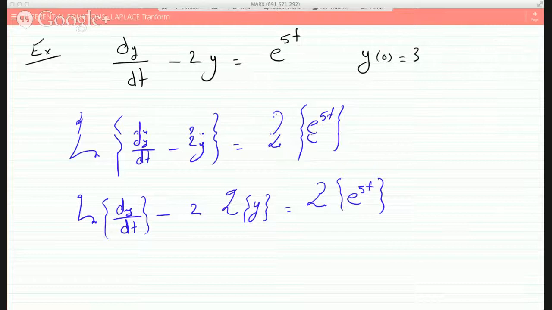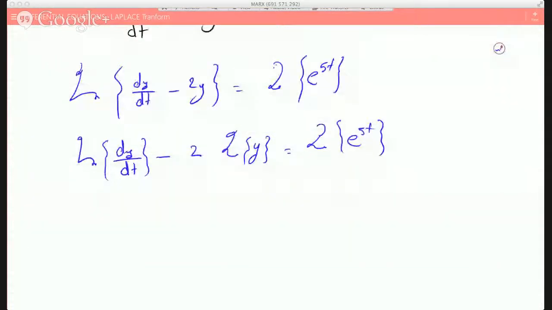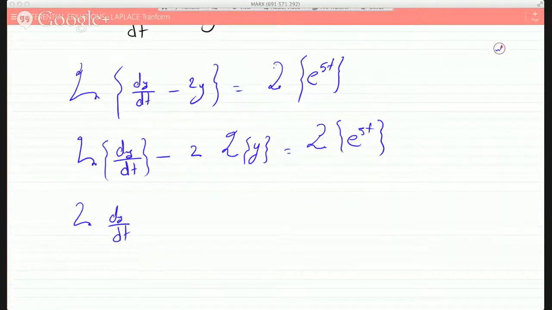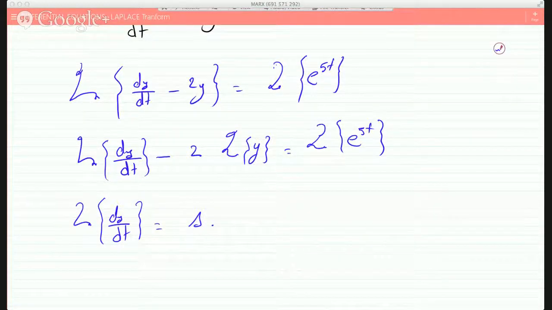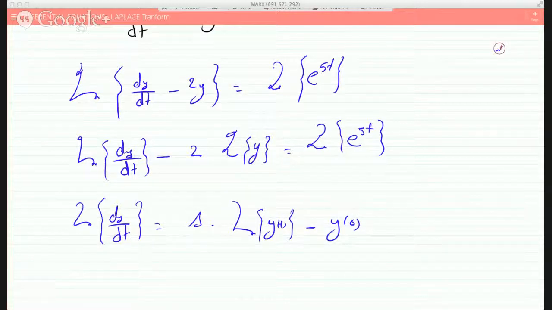What is the Laplace of dy over dt? We've seen that in the very first section, right? The Laplace of dy over dt, if you remember, was s times the Laplace of y of t, let's put this in brackets, minus the initial condition y of 0.